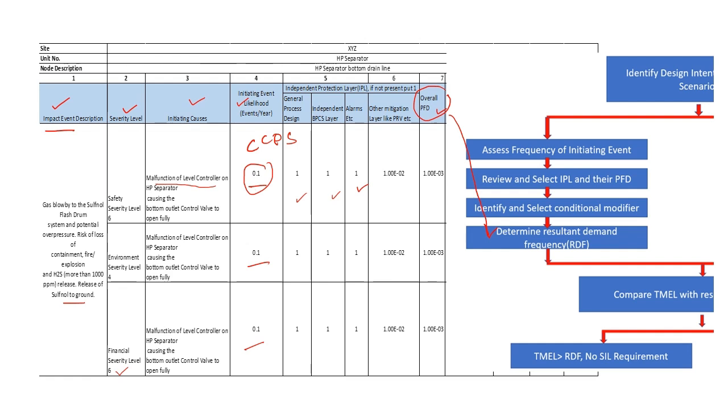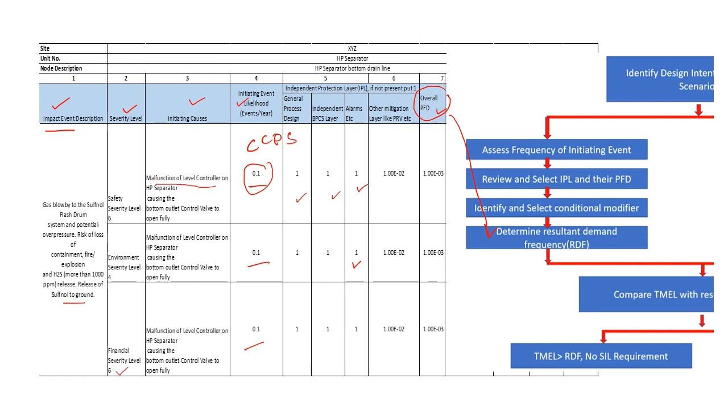Ultimately the alarm needs to be seen by an operator, and he or she needs to take action accordingly. So it is better not to take the credit of the alarm, but it is not a very hard and fast rule. Depending on the situation of your plant, you may choose to take the credit of the alarm or not.